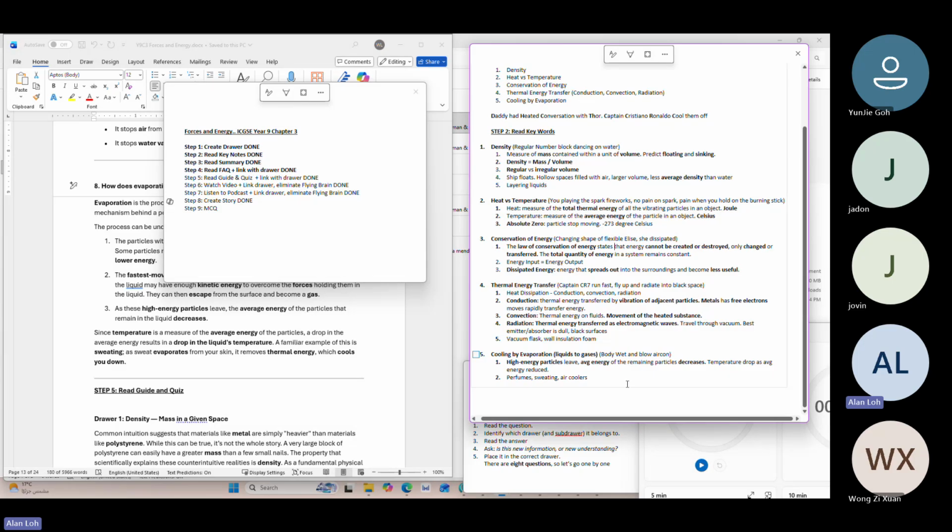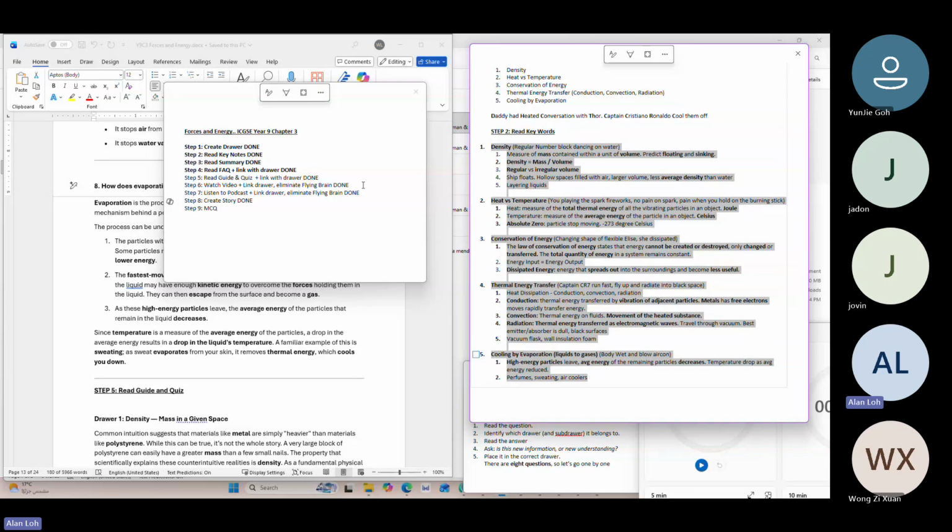What is changed? The only thing changed is we took about 1.5 hours to go through steps 1 until 4, and you filled up more information and knowledge into your own 5 drawers.